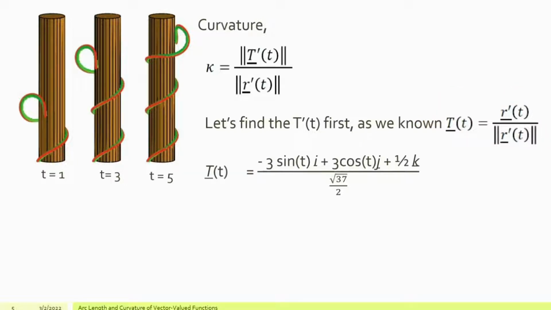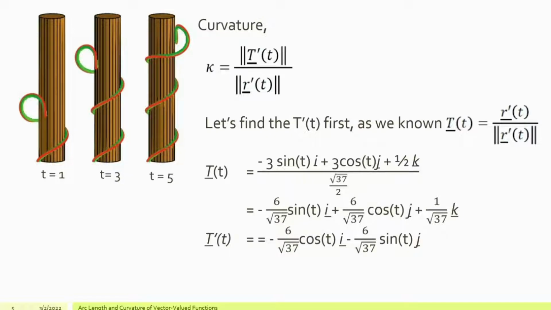T equals negative 3 sin t i plus 3 cosine t j plus half k over the square root of 37 over 2. Therefore, we can find T prime from T.